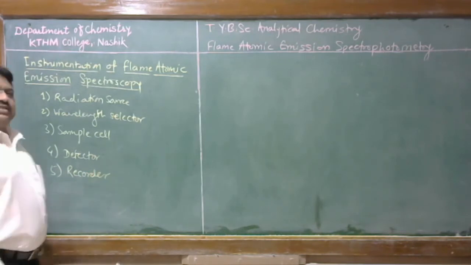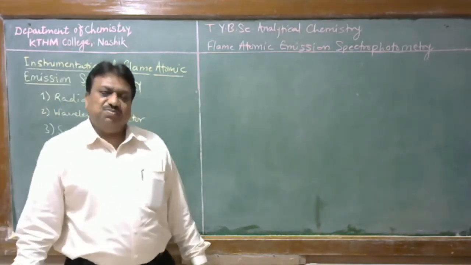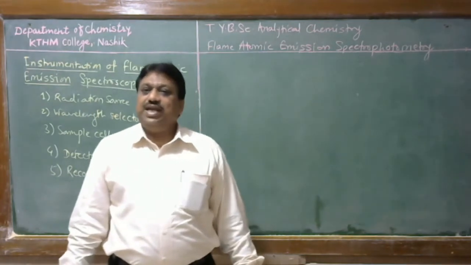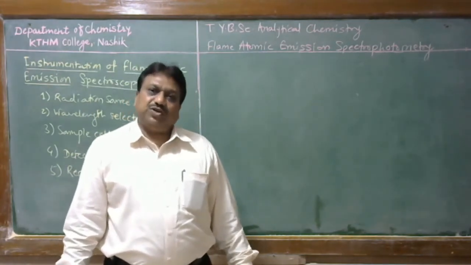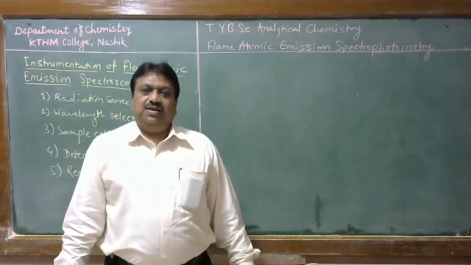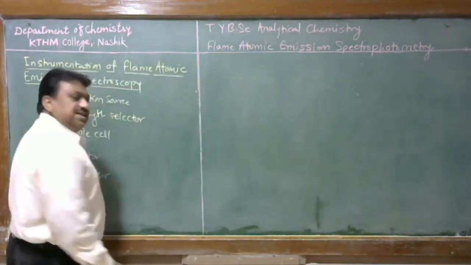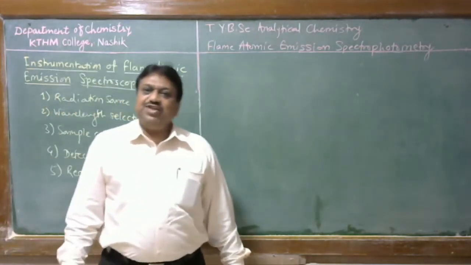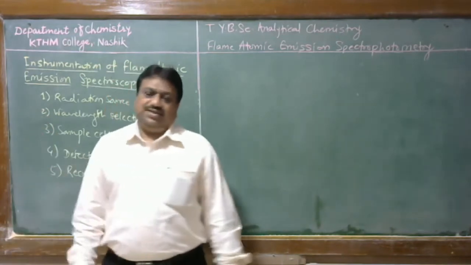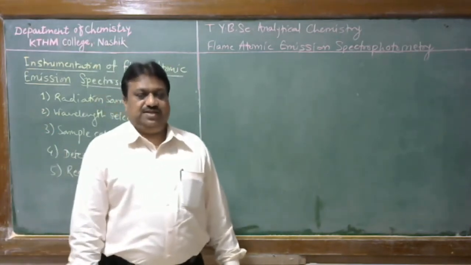Therefore, these are the 5 essential components for construction of any optical spectroscopic instrument. In the previous lecture, we also discussed the arrangement of these optical components in different types of instruments.